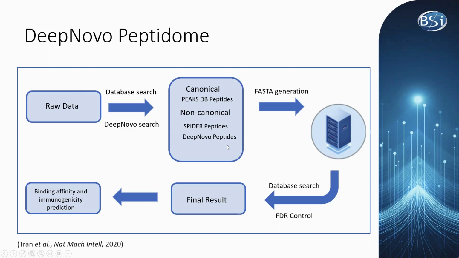What's important about this workflow is the deep learning model is trained using peptidomics HLA peptides to improve the accuracy in identification.